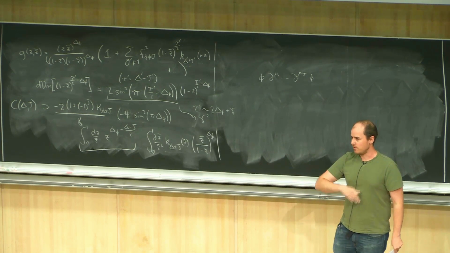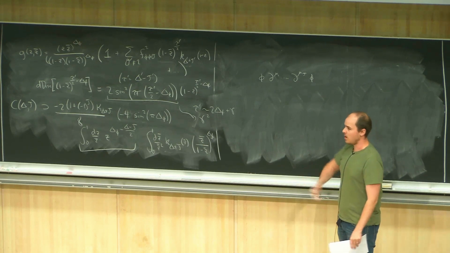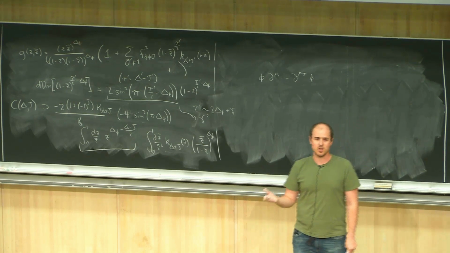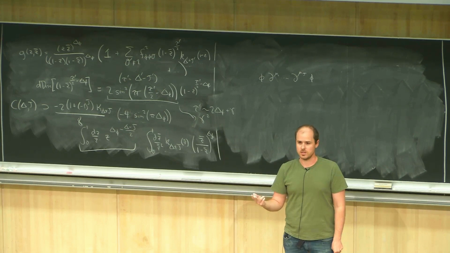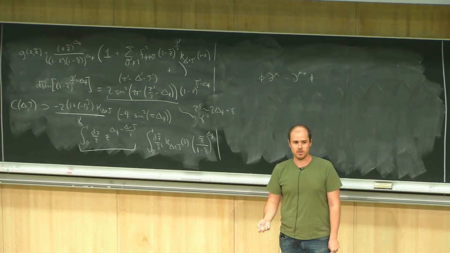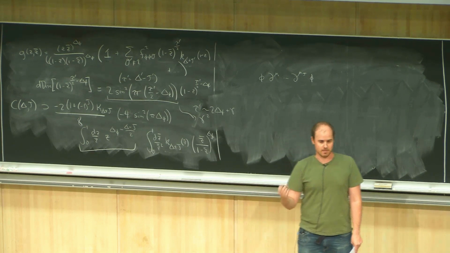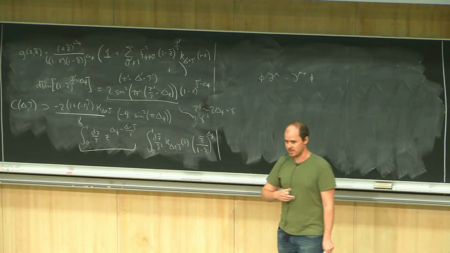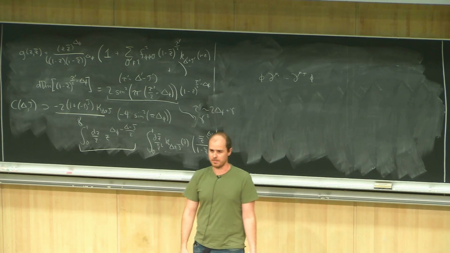So you get the full answer for the anomalous dimensions of all the operators in the theory to order epsilon cubed by just plugging 2 terms into the inversion formula. So it's way better than doing 3-loop Feynman diagrams involving operators with large amounts of spin. It's spectacularly efficient at solving that theory.